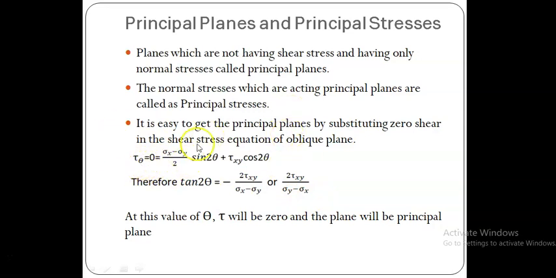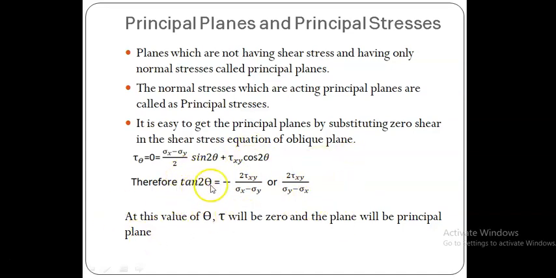Because since it is a principal plane there will not be any shear stress, and therefore in this shear equation I put 0 and then I find what is theta. Theta is nothing but the plane of stress, at which the principal plane occurs.